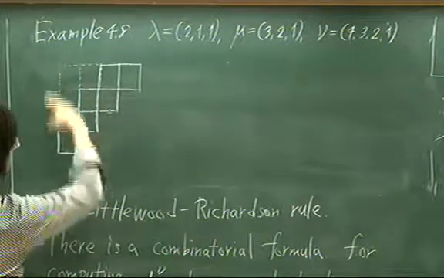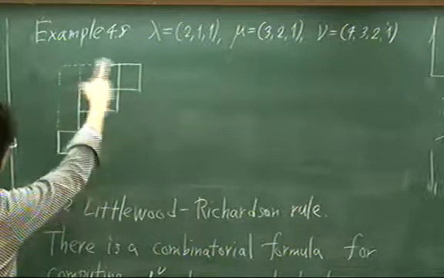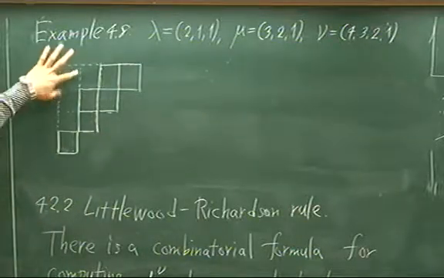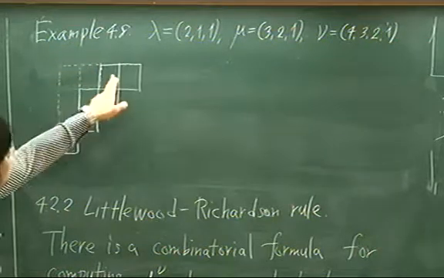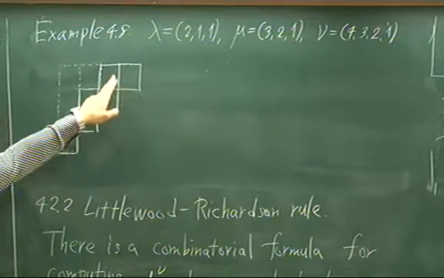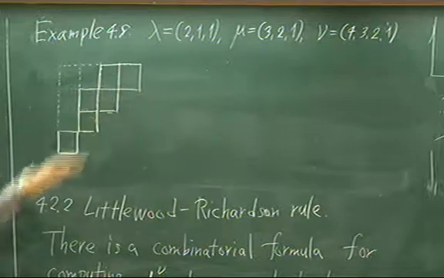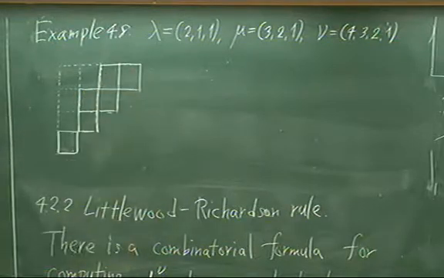The whole diagram is shape nu. And this part is shape lambda. And the skew diagram nu over lambda is this box, this box.